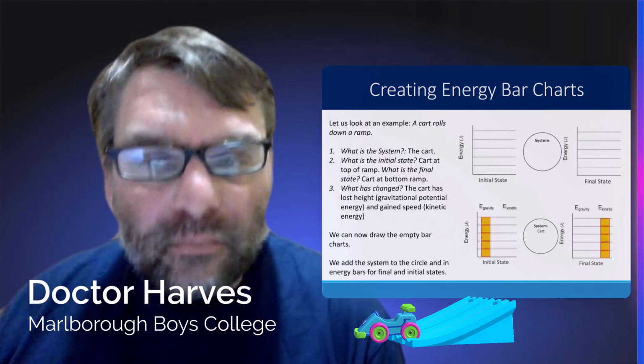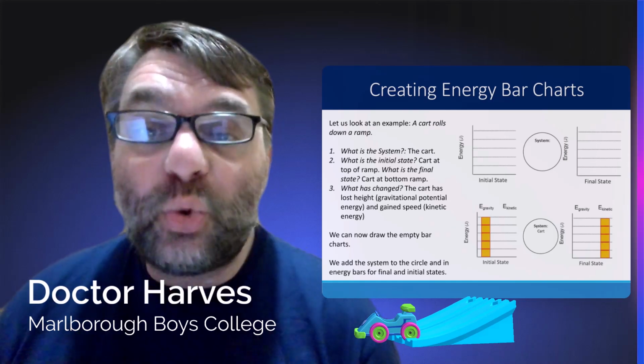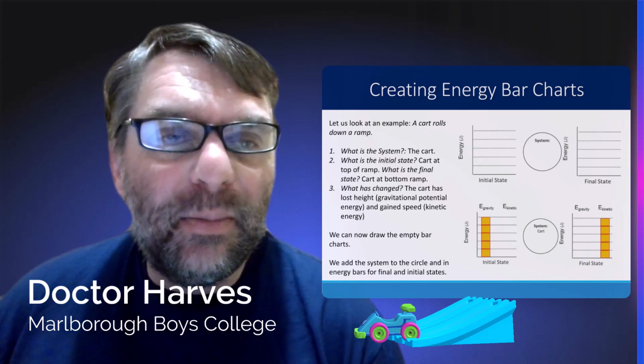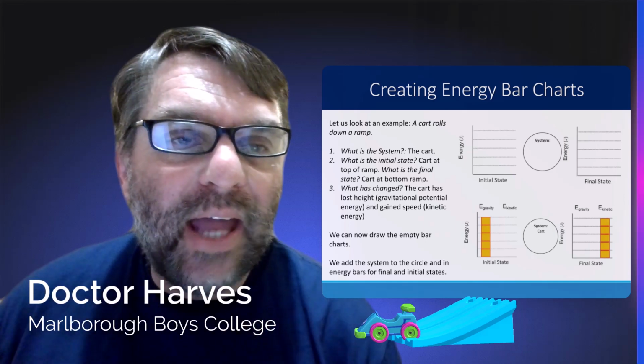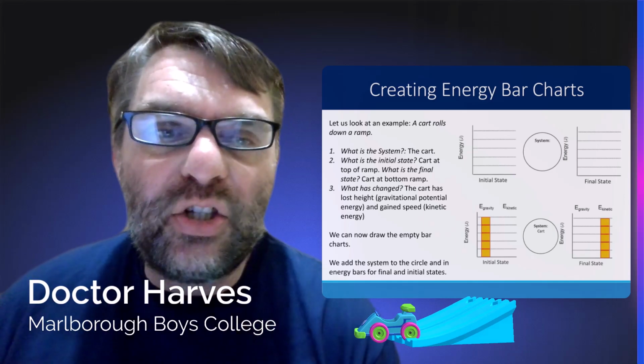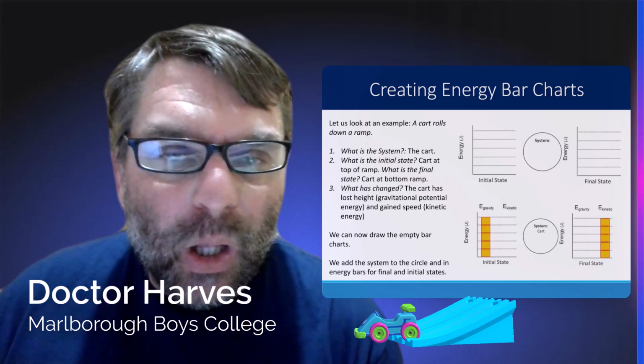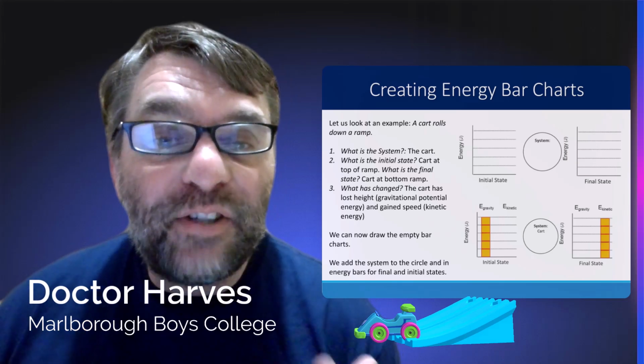Okay, so on the left, we have the initial state, the first L. In the middle, we have the system that we're working in, the O, and then the final state is going to be the second L. And then we can start filling it in.